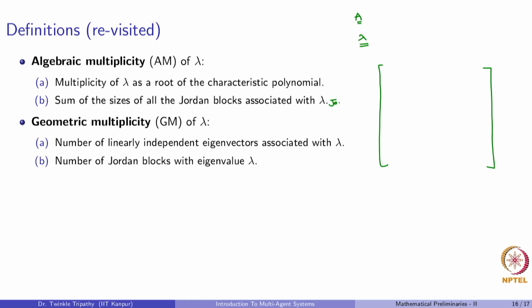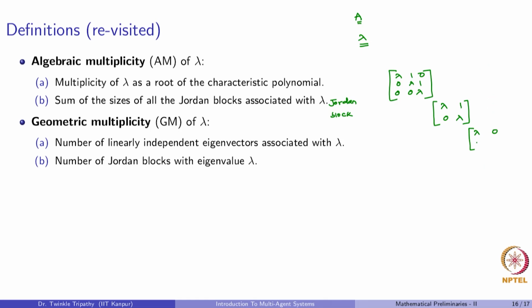Suppose this is the Jordan block and not the entire Jordan matrix. And say the rest, all the entries are 0.